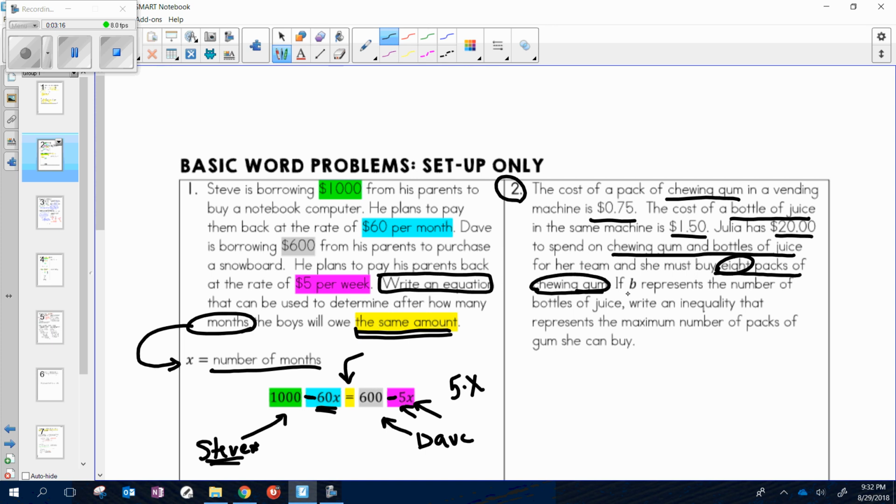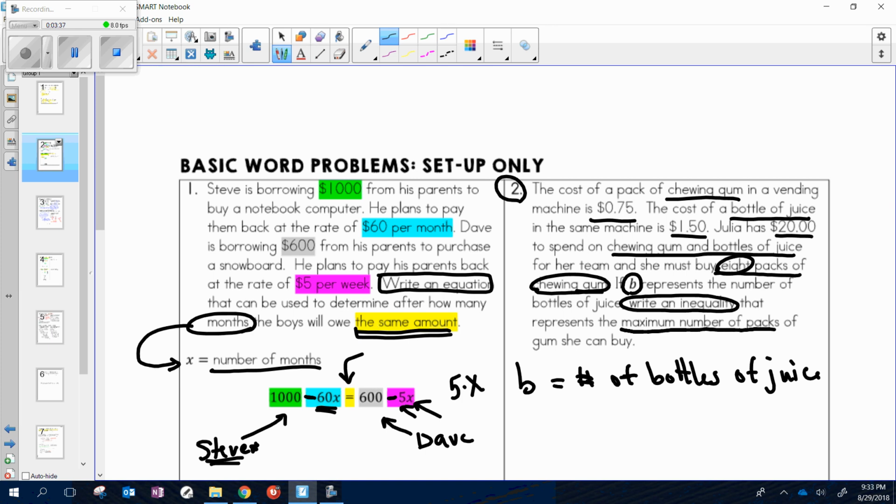All right. If B represents, B is the variable we're going to use, the number of bottles of juice, I'm defining my variable, even though they did. So number of bottles of juice, write an inequality. So I'm going to write an inequality that represents the maximum number of packs of gum she can buy.